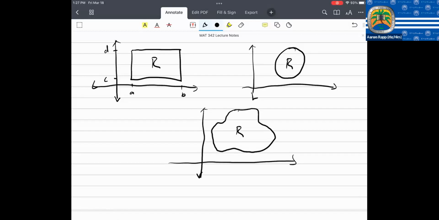It's just not going to be a constant function. I need to say, is there a way I can define a function for these boundary edges? Whatever that function is will determine what my height is. Because if I'm considering along the x-axis, the height of my region, or my change in y, changes as I travel right along the x-axis.